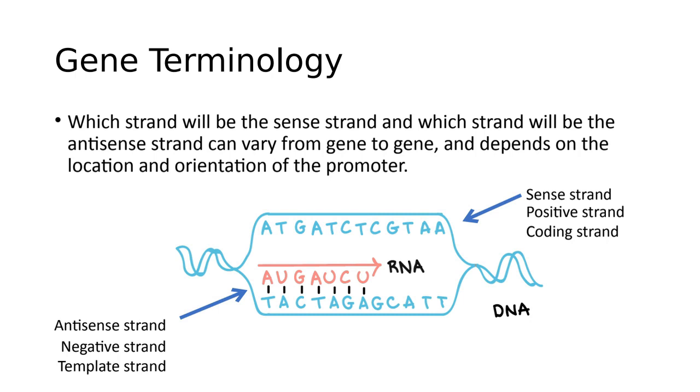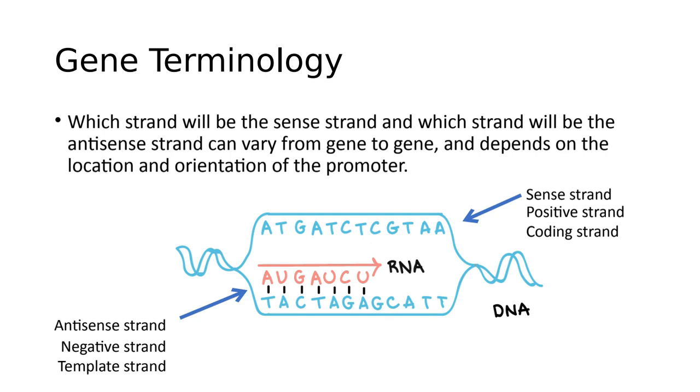And then that single-stranded messenger RNA copy gets fed into a ribosome, and the ribosome uses the information in the messenger RNA to produce a protein. And that's central dogma, central tenet of biology. That's the way genes work. DNA to RNA, RNA to protein.